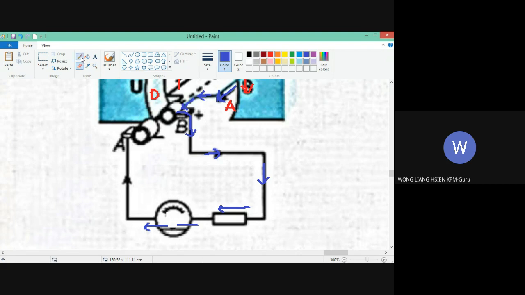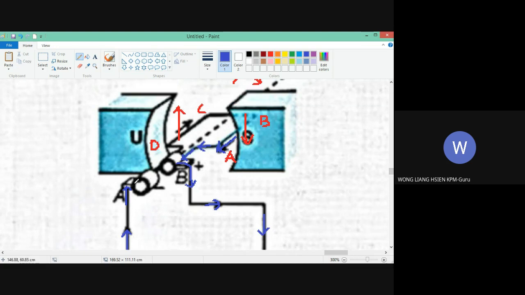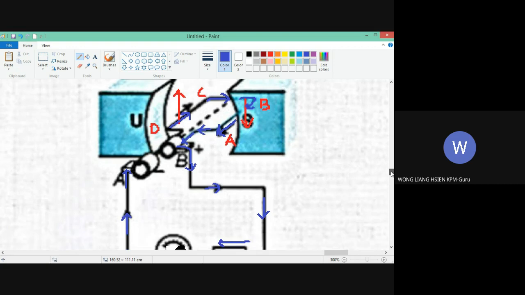If the current is in this direction, the pointer should be in this direction, because the pointer of the galvanometer shows the flow of the charge. The current goes to slip ring A, and from slip ring A flows to the coil CD, and then flows here, like this. So you see the direction of the flow of the current.